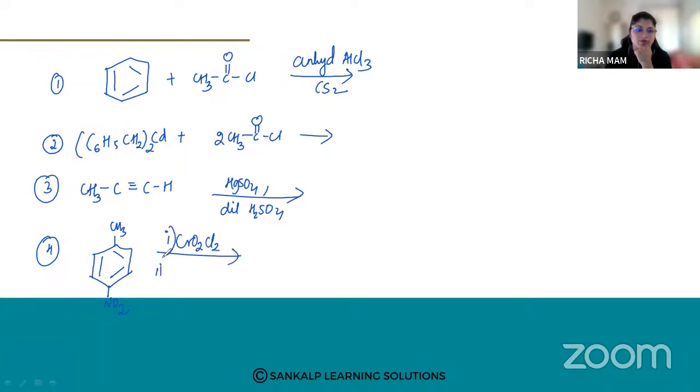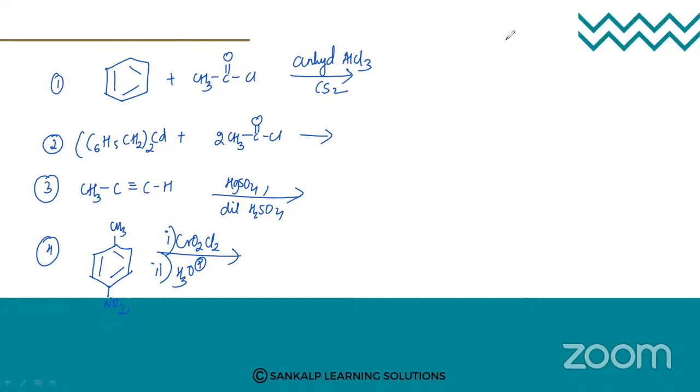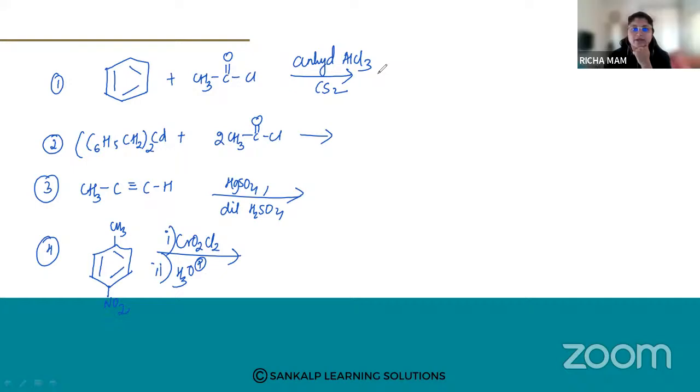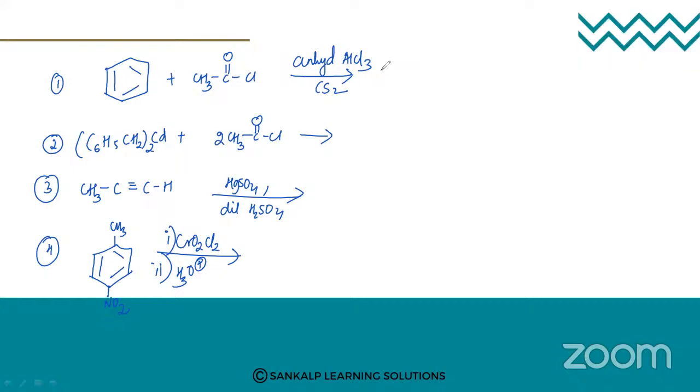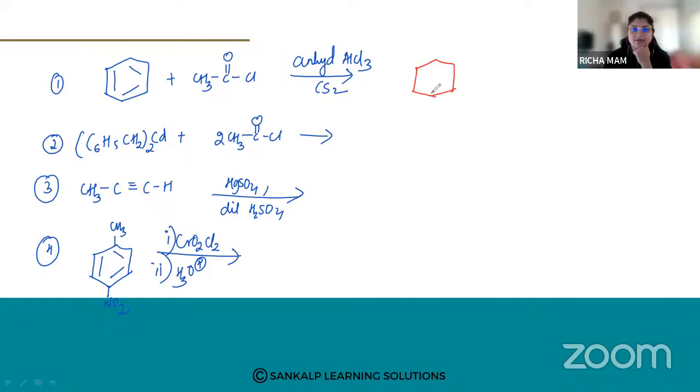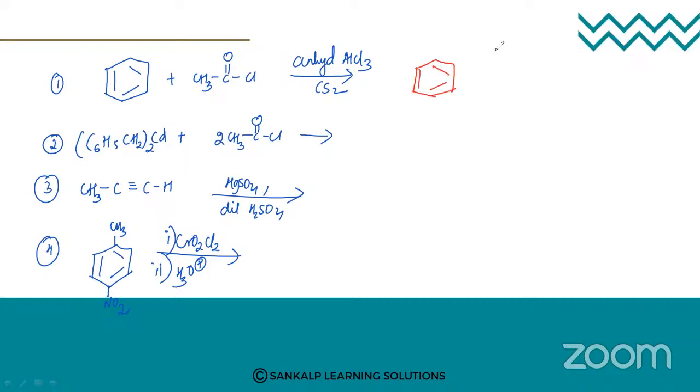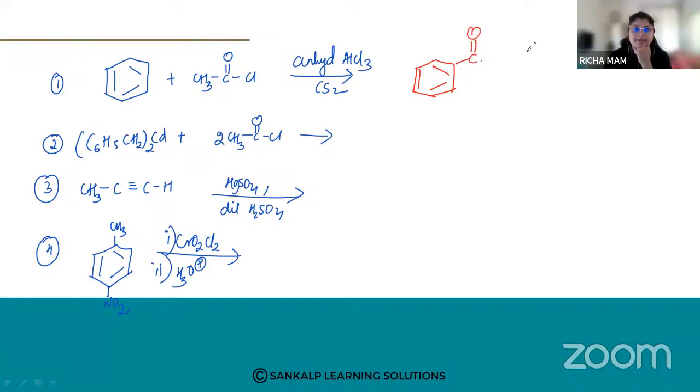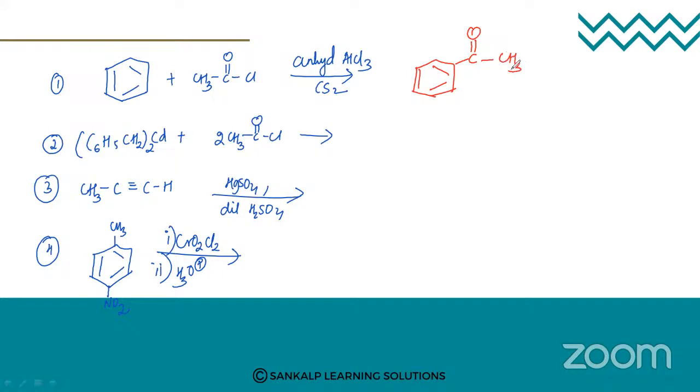Who wants to answer the first one? Okay, Rubna, you can tell. Benzene, single bond C double bond O, single bond CH3.